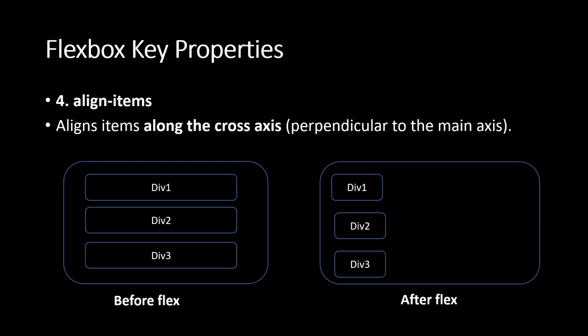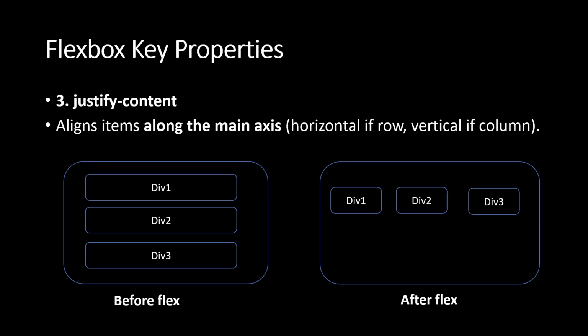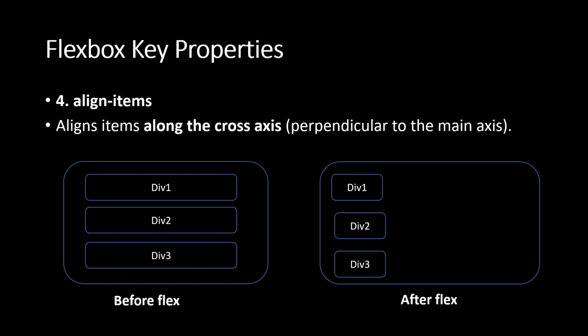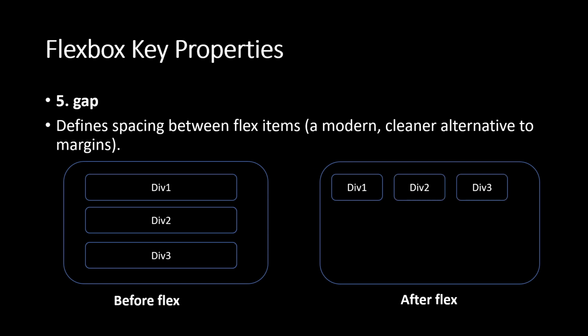As we saw with div1, div2, div3 before, in justify content our items are aligned in the main axis, meaning horizontal, like div1, div2, div3, right? But in the align items property, all the items are placed, or you can say aligned, in the vertical direction, right? Let's see the next property. The next property is gap.